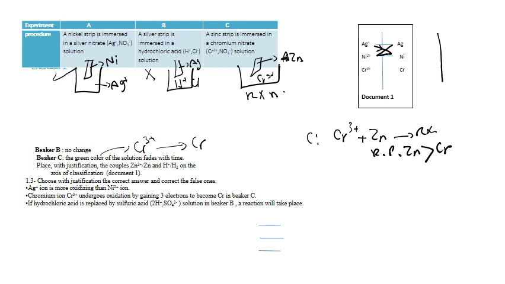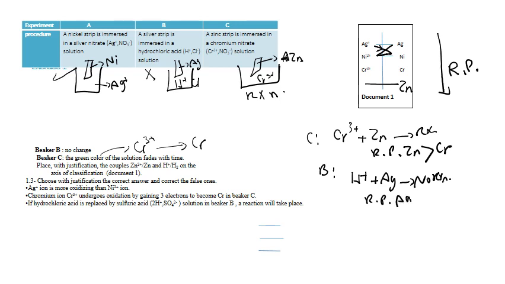According to this electrochemical classification, this is the increasing order of reducing power, so zinc will be below Cr in this classification. For beaker B, we don't have any change, so we don't have a reaction between H+ and Ag. No reaction is taking place. So the reducing power of Ag is less than the reducing power of H2.